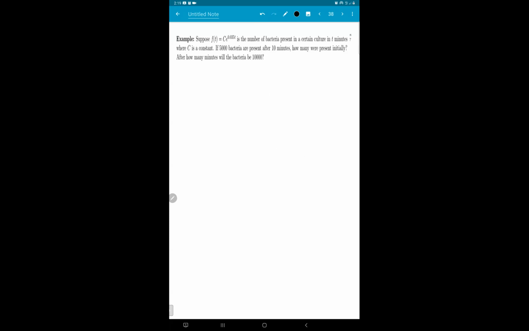Okay, let me just rewrite that. So this is the function that models bacterial growth, where t is time in minutes, and this is the number of bacteria present at that time t.